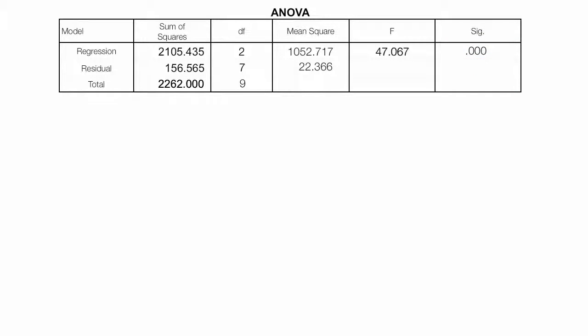The ANOVA result is written as F for Fisher, F parentheses 2, which is the regression degrees of freedom, comma, the residual degrees of freedom, and this is equal to 47.067. You will often see the 2 and 7 labeled as such, the degrees of freedom of the numerator and degrees of freedom of the denominator. I have an entire playlist on ANOVA I'd encourage you to watch as well to help you understand this concept.